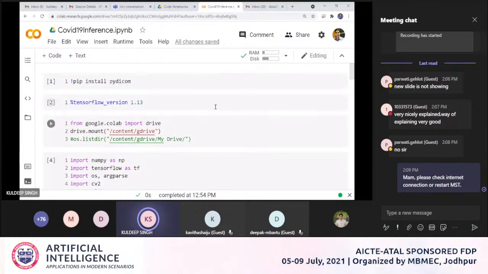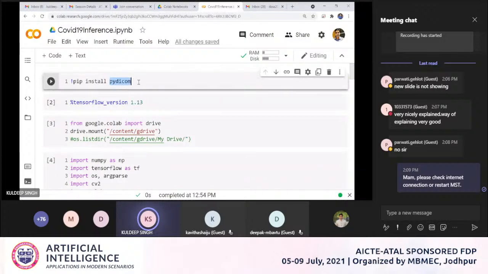Firstly, this particular script is built on TensorFlow version 1.13. Nowadays, we have TensorFlow version 2.x, but this was developed on a previous version. So I am forcing this notebook to use TensorFlow version 1.13.